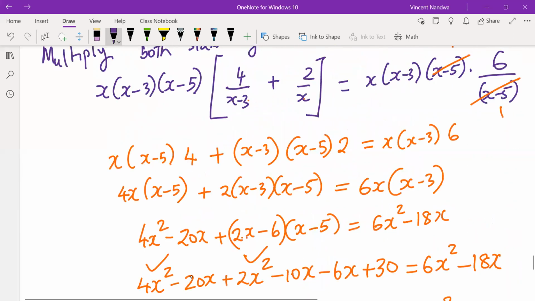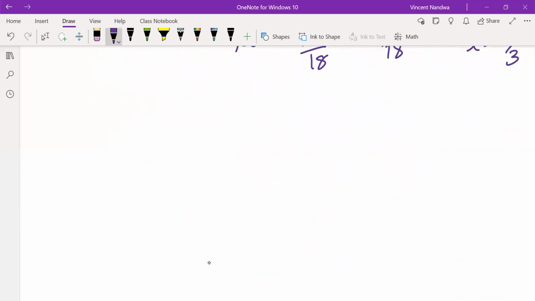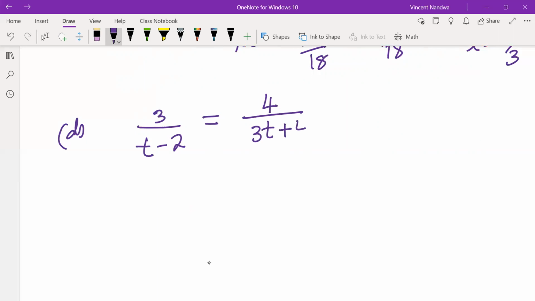That was C. D: we have 3 over t minus 2 equals 4 divided by 3t plus 4.